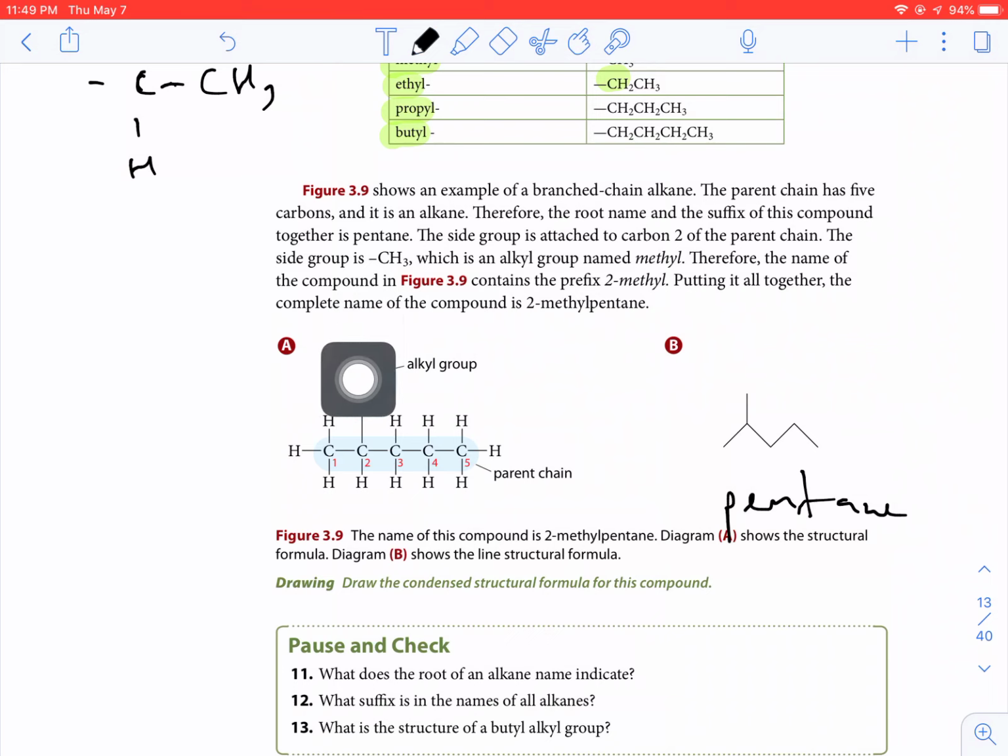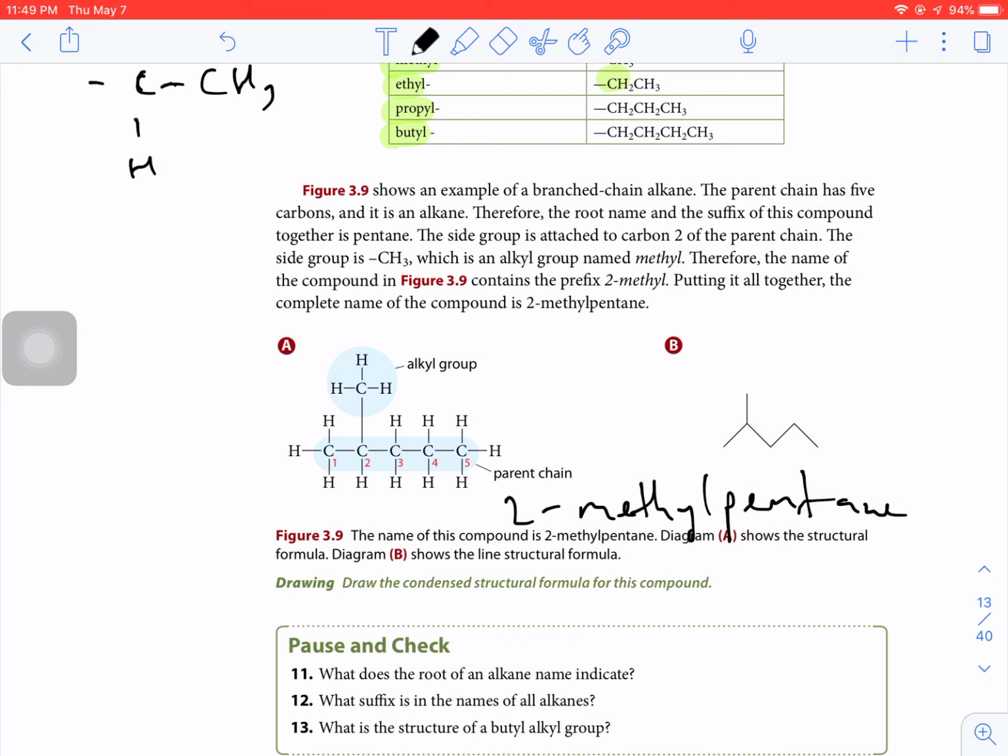I've named my 5 carbon parent chain, and then what's added to this? On the second carbon from the end, there's a 1 carbon group, a methyl group, on the second carbon. So it's going to be 2-methylpentane. That becomes the name of that molecule there.